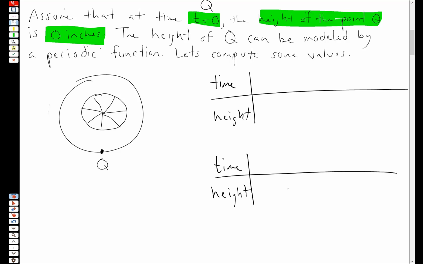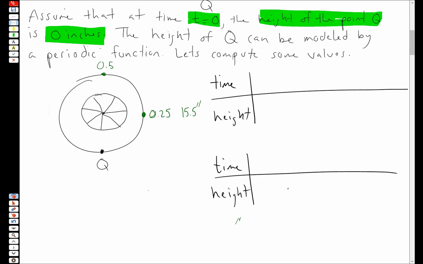So that means that every quarter second, at 0.25 seconds, it's halfway up the circle, which means that it's at height, let's see, what's half of 31 inches? That's 15.5 inches. Then at half a second, it's up here at the top. Oh, wait, which way is this spinning? I'm going the right way.